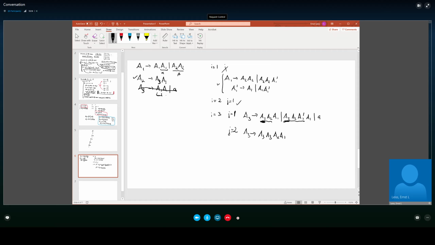And then we're replacing this A2 by A3, A3, A3, A3, A2, A1 prime, A1, and then we still have to have that little a. So we basically replace this, and now we have immediate left recursion. A3 goes to A3. We have this is the alpha 1, this is the alpha 2, and that would be a beta.